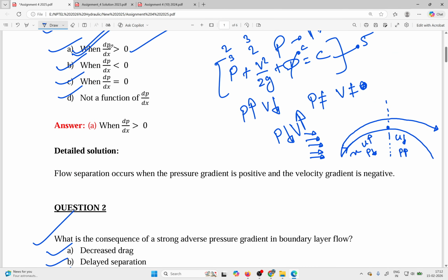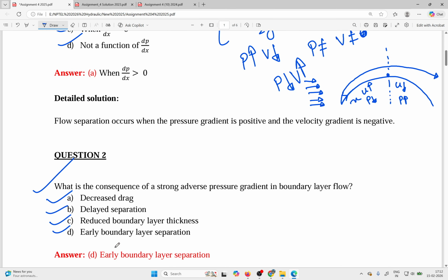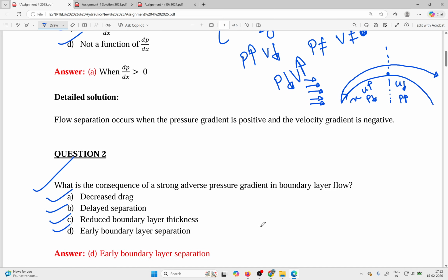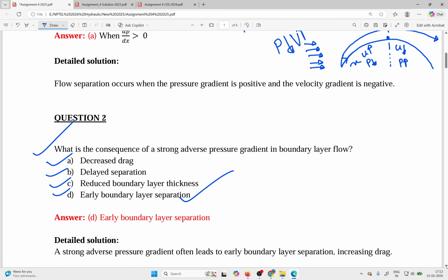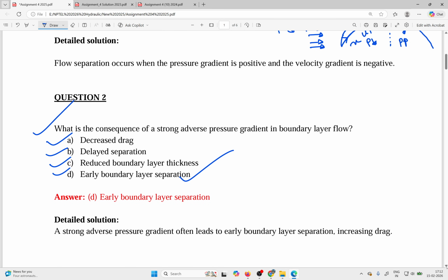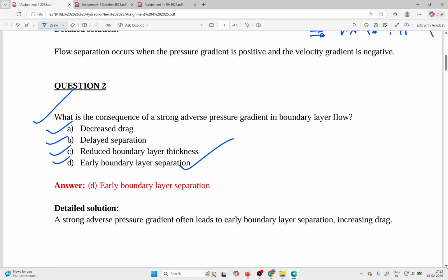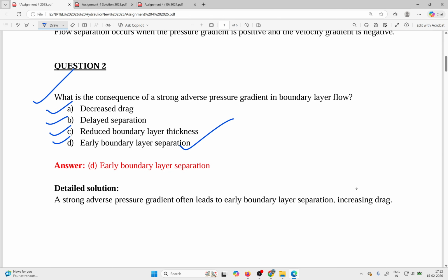So this is a very simple question. Now we'll move on to the next question. Increasing drag, also remember please.